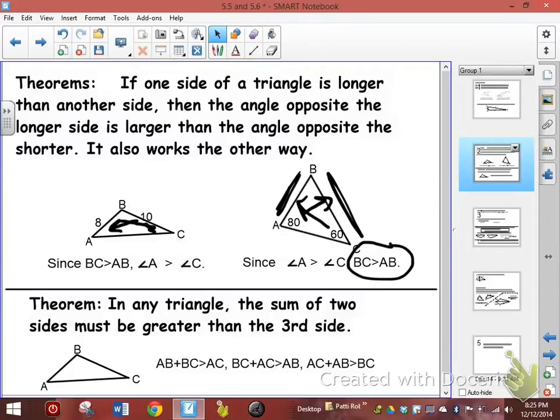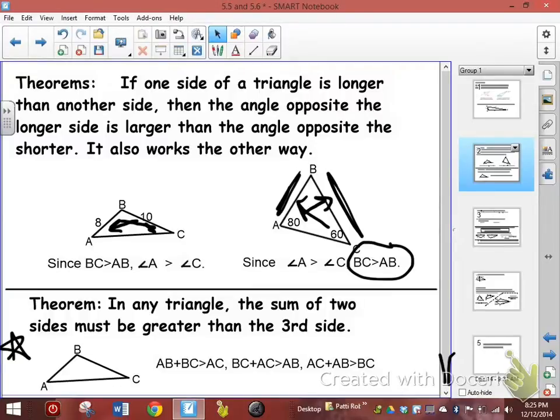Okay. The next theorem, which is pretty important actually, just says that in any triangle, if they give you the lengths of the sides, when you add any two of them, it has to be bigger than the third side.